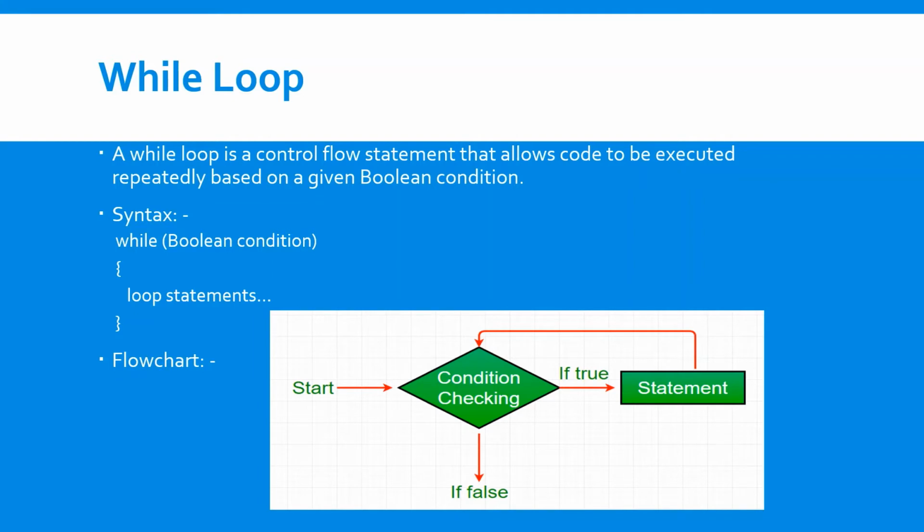If it evaluates to true, then the loop body statements are executed. Otherwise, the first statement following the loop is executed. For this reason, it is called an entry control loop.